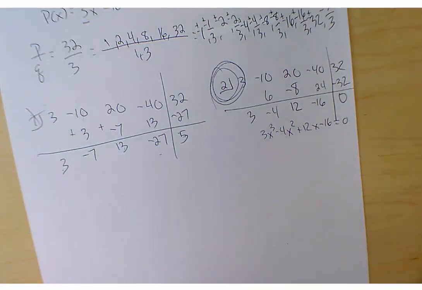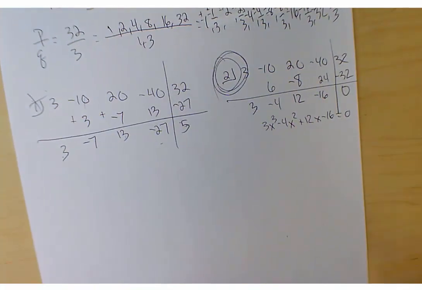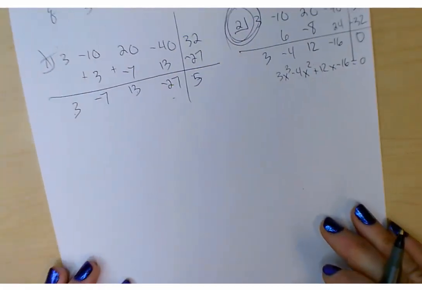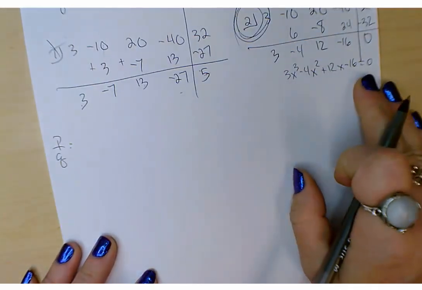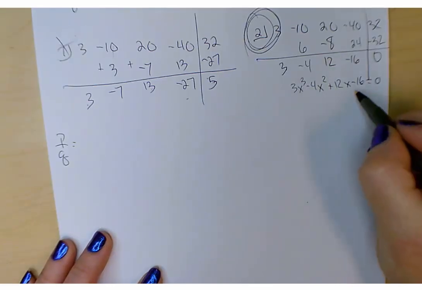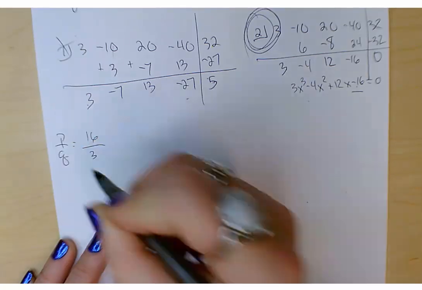But we're not going to do that. We're going to take these numbers that we just got, do synthetic division all over again, which means we need to restart our P over Q process based off of our new equation. Our new equation here, our P would be a 16. Q would be a 3, right?